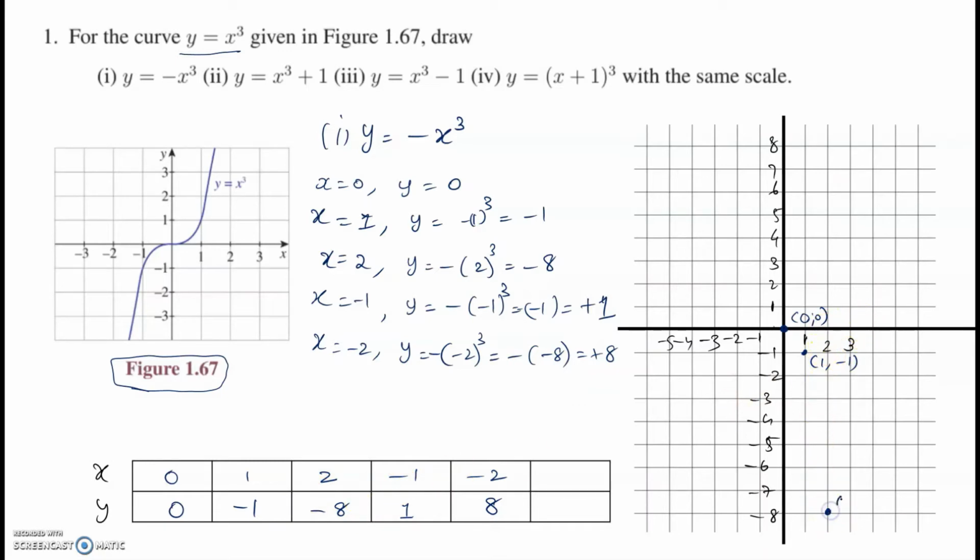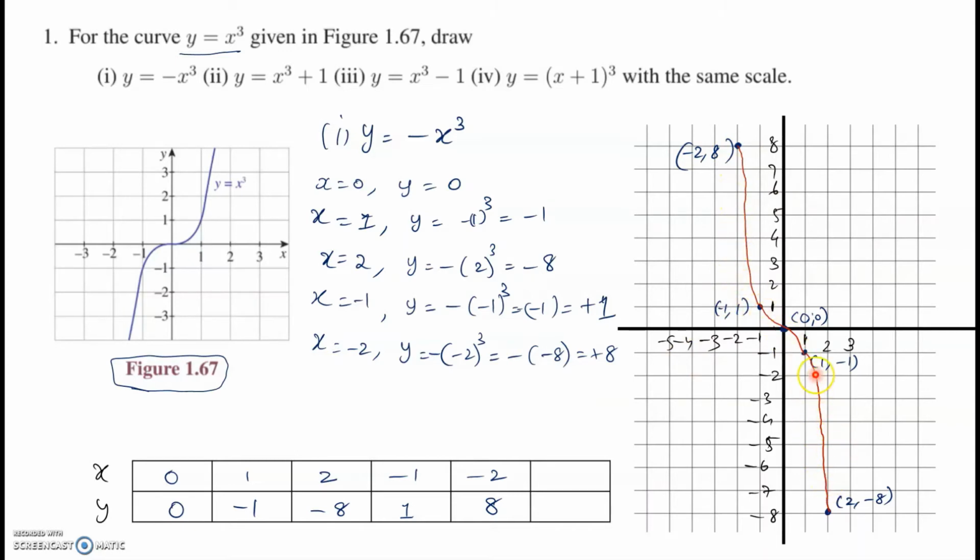So that's the point 2 and minus 8. Then you have minus 1 and plus 1. Then minus 2 and 8. So if you're going to draw this graph, the graph will look something like this.